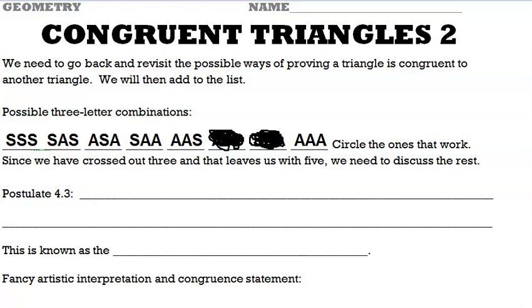Now, there's one other one on this list that is not actually valid for proving that 2 triangles are congruent. We learned that if 3 sides match, then that checks out. That is good. We learned that this one checks out. Turns out the third one that is a no-go is angle, angle, angle.